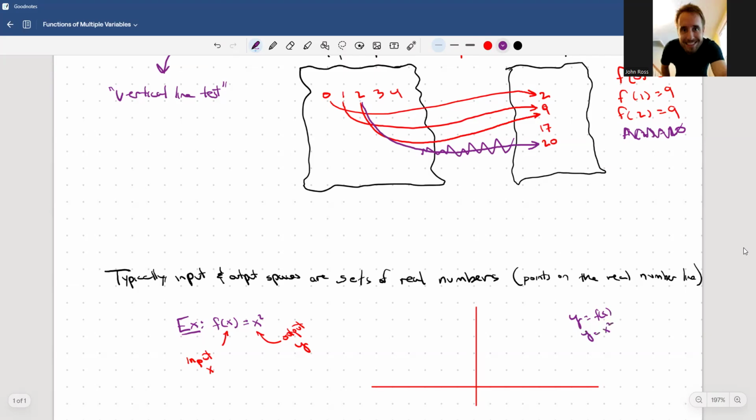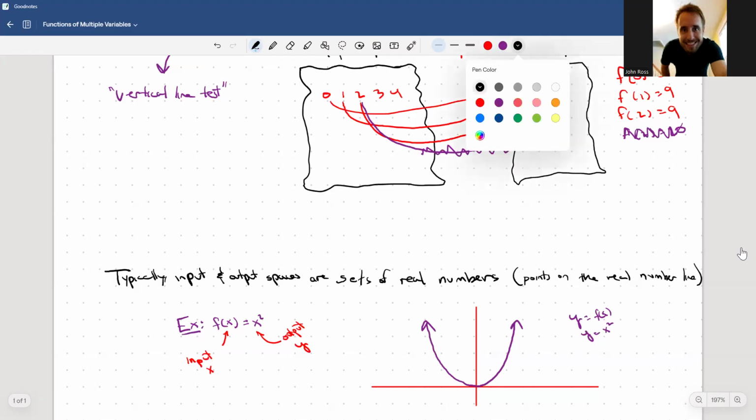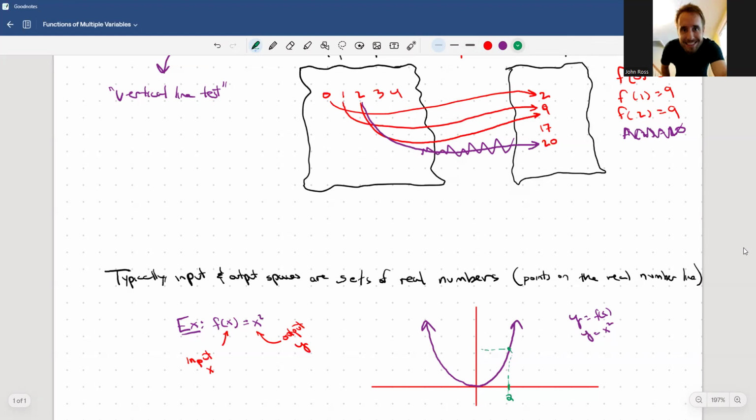So this is a visual representation in the xy plane of my function. And as we know, x squared is just a nice looking parabola. Now, again, the way that I am thinking about this is sort of simultaneously on my graph. If I look at the point, let's say this is x equals 2, I would plug in and I would get y equals 4.